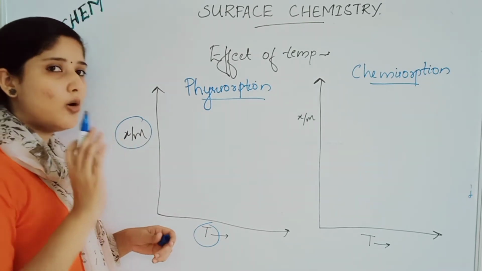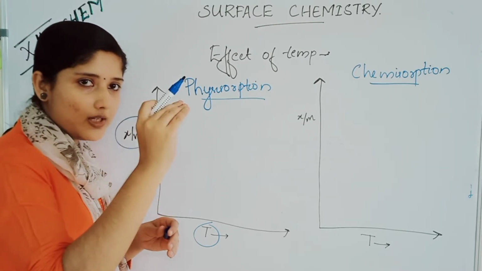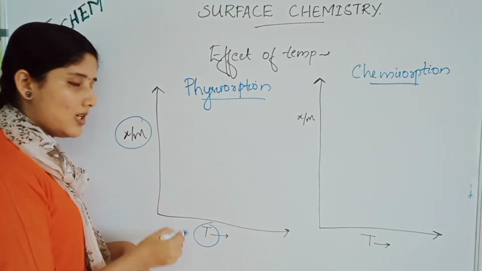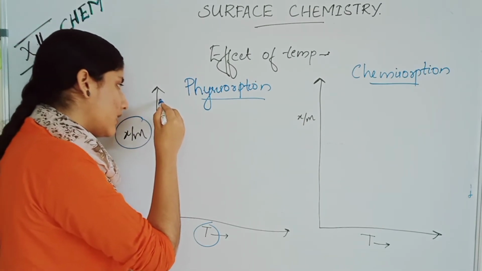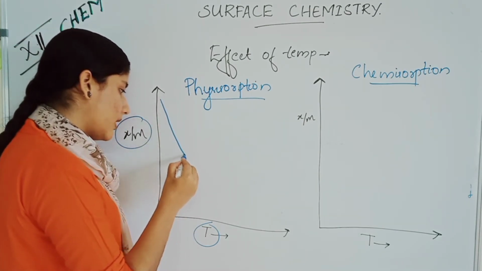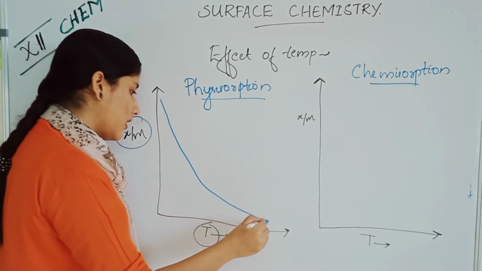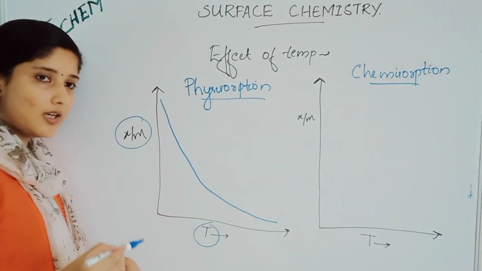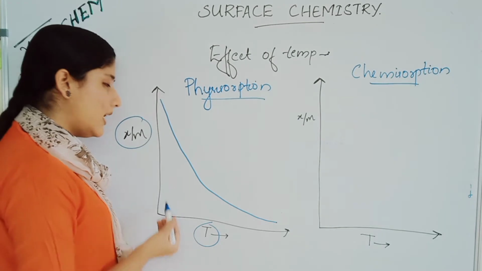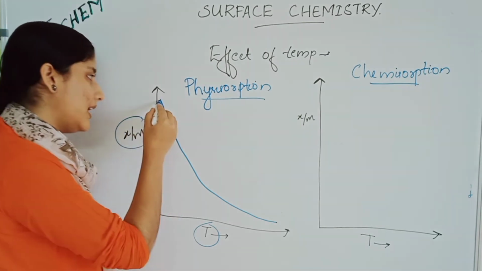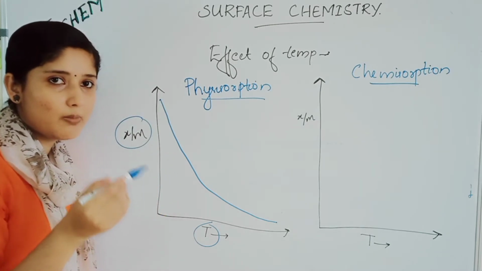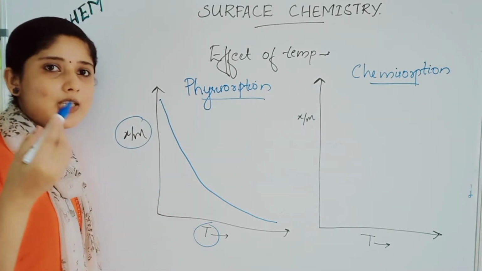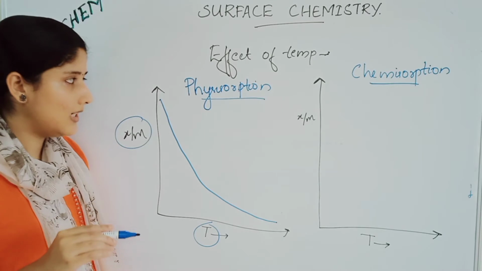At low temperature the adsorption is higher and it goes on decreasing with the increase in temperature. The extent of adsorption is inversely proportional to temperature. As the temperature increases, adsorption decreases.